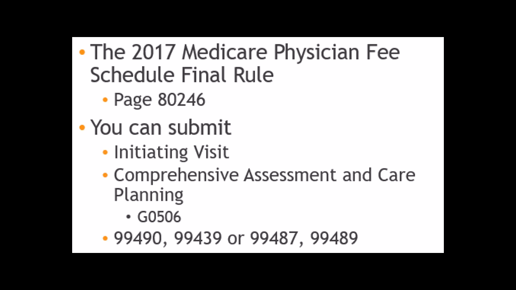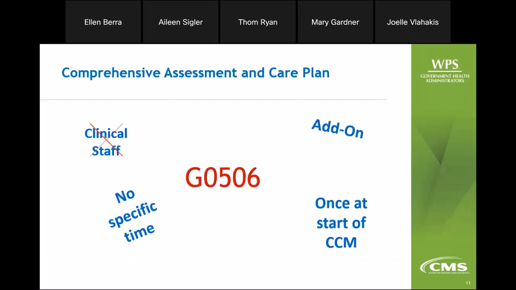We have a kind of weird statement in your handout, and let me point that out to you. On page 3 of your handout, and what it says in your handout is that you can bill this procedure code in addition to the monthly CCM service.